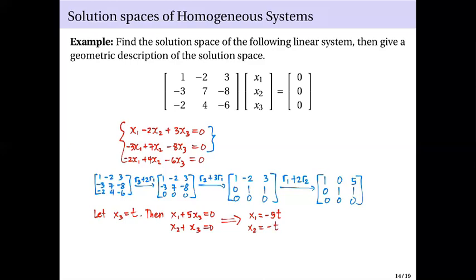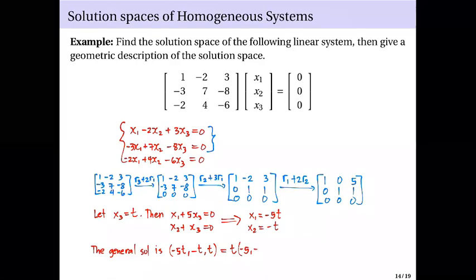So the general solution is of the form (negative 5t, negative t, positive t), or simply t times (negative 5, negative 1, positive 1).